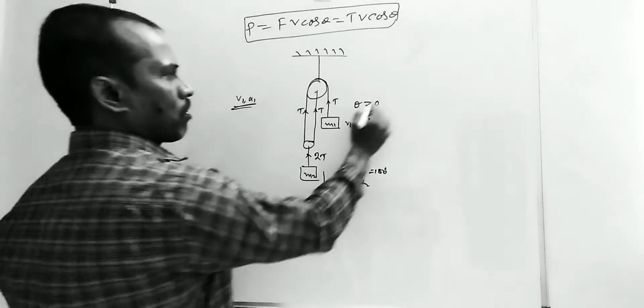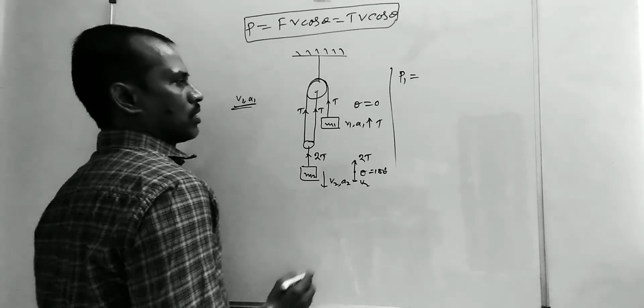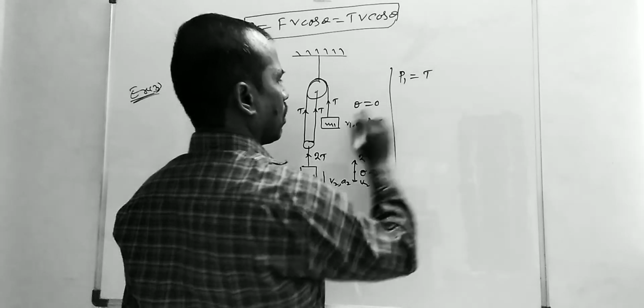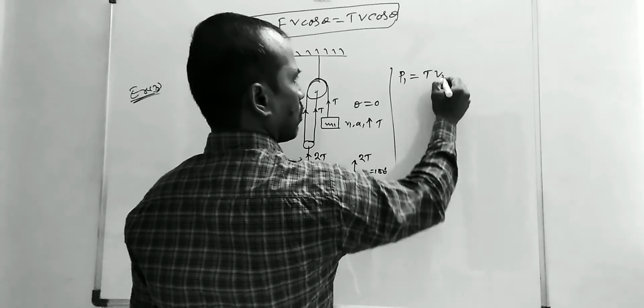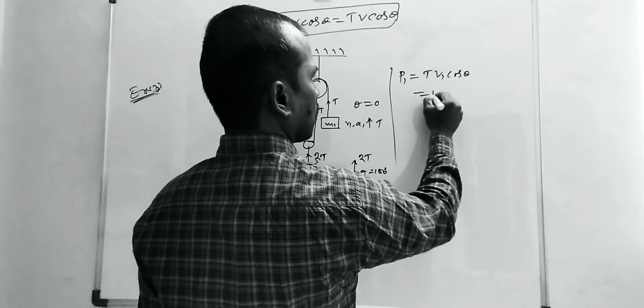Here the power of the M1 block, P1, is equal to tension force T and velocity V1 cos theta.